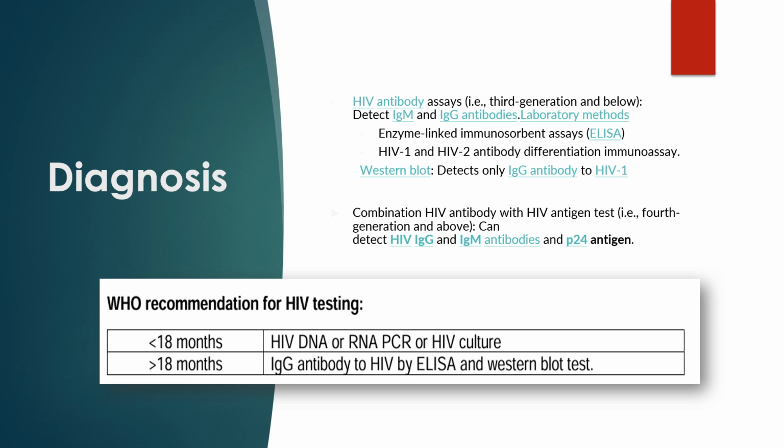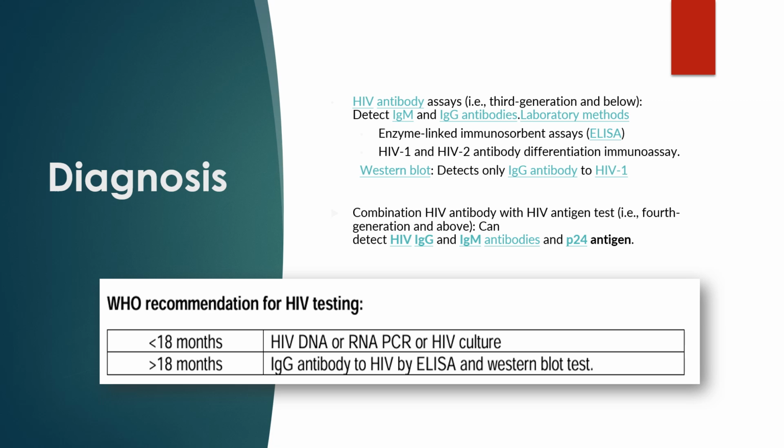Now the diagnosis of HIV can be made by measuring the HIV antibodies and the antigens in the plasma of the patient. The antibodies measured are IgG and IgM, and the antigen present in the plasma is the P24 antigen.